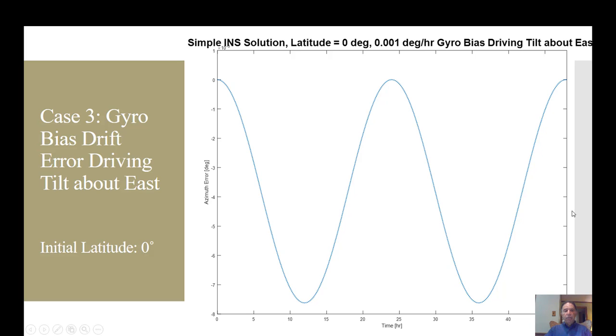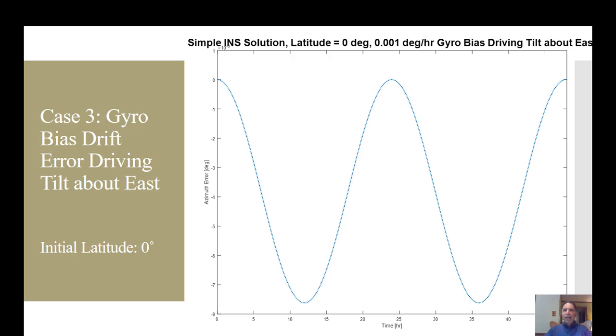Now we go to case 3, where we still remain at a latitude of 0 degrees or equatorial latitude. And these are, of course, all nominal. Remember, everything is a linear expansion about a nominal point. So here we did a gyro bias drift error about the east axis, driving tilt about the east axis.